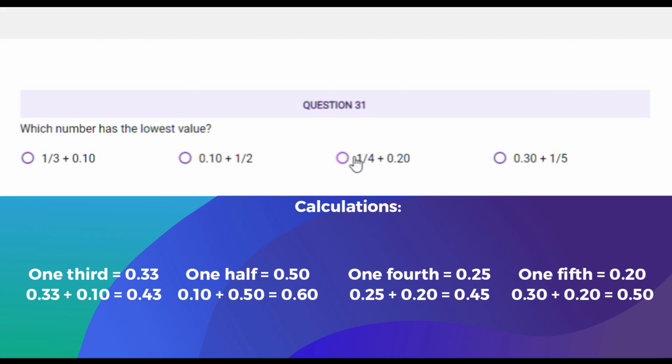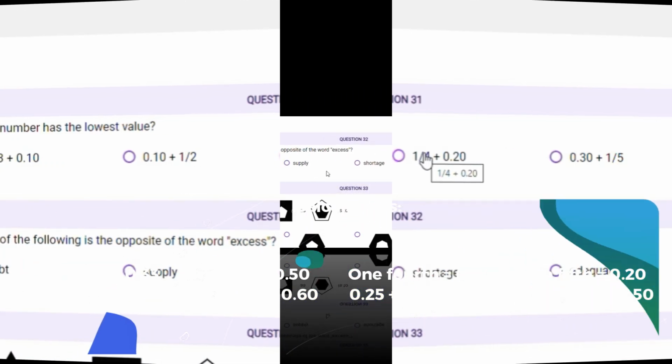Correct answer: 1/3 plus 0.10. Answer explanation. After converting all fractions to decimals and adding them, we get 0.43, 0.60, 0.45, and 0.50. The lowest value is 0.43, which comes from 1/3 plus 0.10.